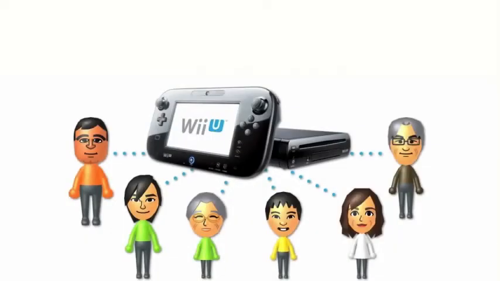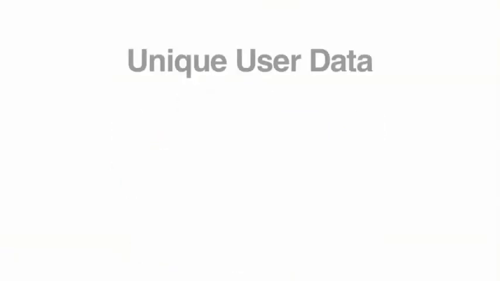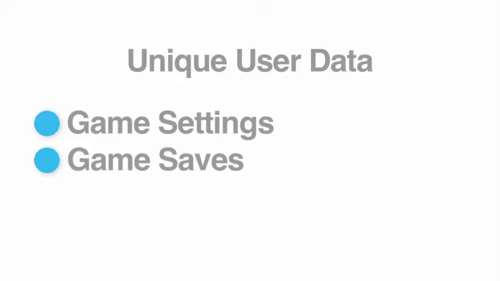But to take advantage of all of these features, you must first create an account. Everyone who will be playing on Wii U will want their own personal account. We call these users. You can have up to 12 unique users on a single Wii U system, and each user will be represented by a different Mii character. The Wii U built-in applications and Wii U games can save data and settings specific to each individual user.